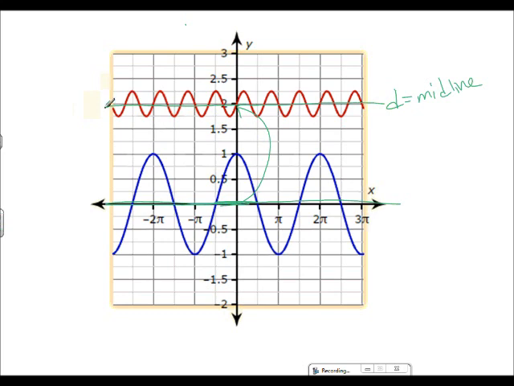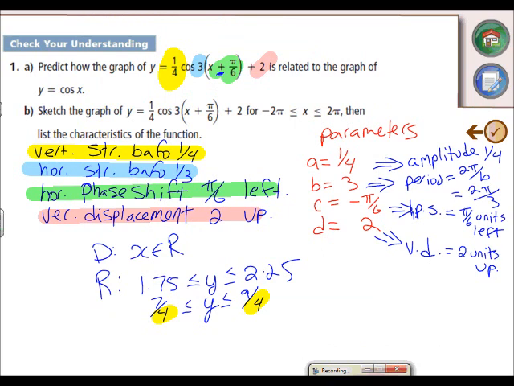And from there, we're going to go up the amplitude and down the amplitude. The amplitude is the A value. So looking at your equation, our range is always going to be your D minus your A value and your D plus your A value. And that holds true here. 2 minus 1/4 and 2 plus 1/4.